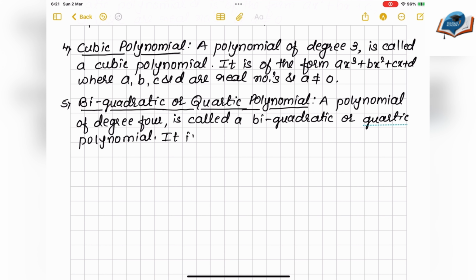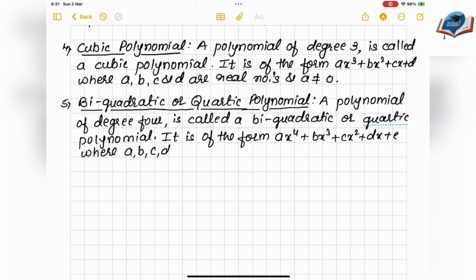It is of the form ax raised to 4 plus bx cube plus cx square plus dx plus e, where a, b, c, d, and e are real numbers and a is not equal to 0.